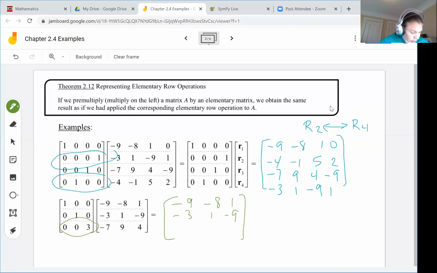And then the third row, and you can do this in your head, is going to triple. So we're going to get negative 21, 27, and 12. It's easy enough to see visually how these multiplications work. And so in this case, we've got row 3 replacing the existing row 3.